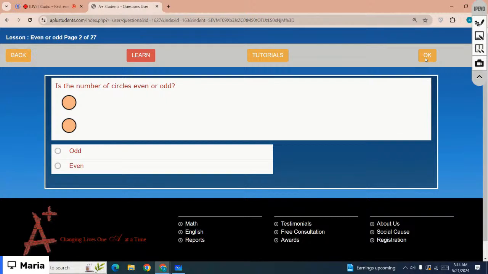Is the number of circles even or odd? So two circles, right? So that means 2 is an even number. The correct option is even.